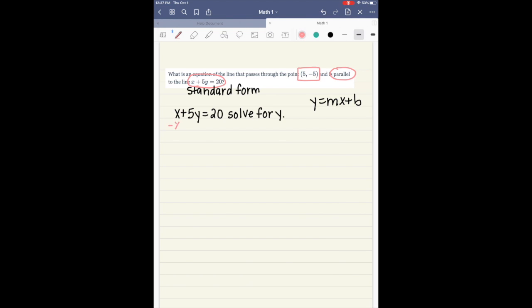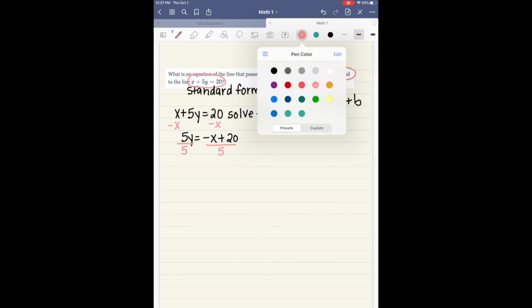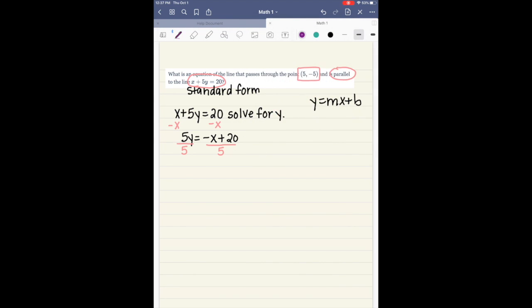So I'm going to start by subtracting x. So 5y equals negative x plus 20. We're going to divide by 5, and we're going to want to simplify here. So when we simplify, we're going to take negative 1 and divide it by 5, so that's going to be negative 1 over 5x.